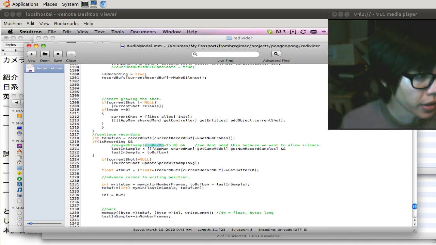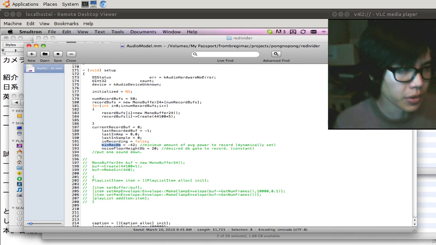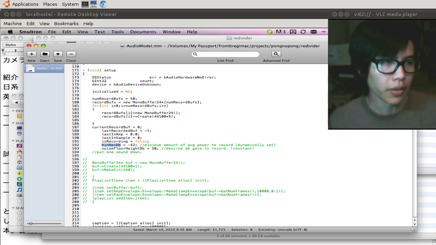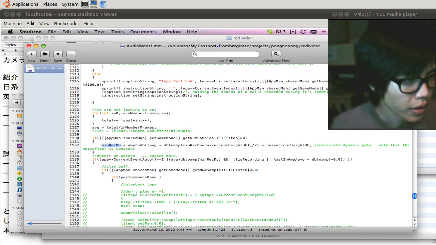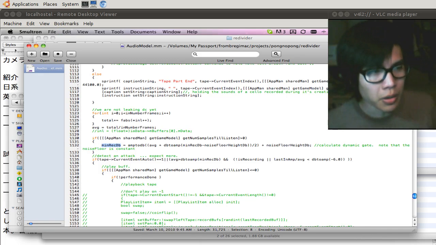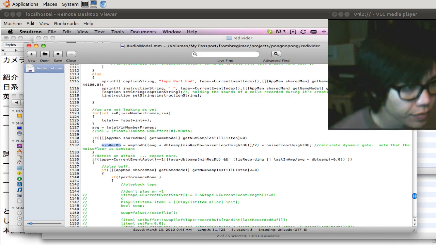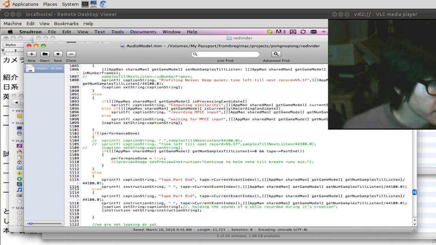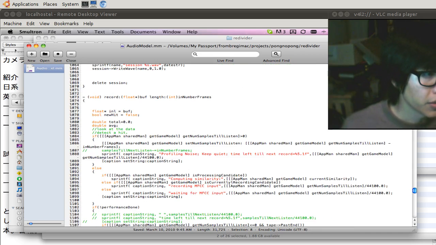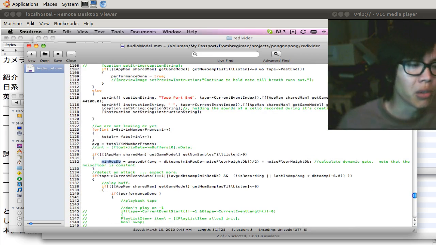Is recording. Okay, so we start out at -42 arbitrarily. And the next time, we take the minimum, I think. Let's see. What kind of function is this? This is the record function. So this is within the audio callback, I guess, or an analysis of the audio callback.